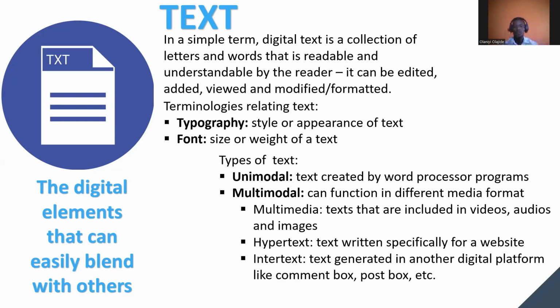You can add to it, you can view it, just like I'm doing, you can modify or format it. Just like you can see this text here has a blue color and this text here has a black color, right? So that's formatting or modification. So you can do virtually all of these things on your text. So we said the text is just a collection of letters and words, which is created to pass information to the reader.